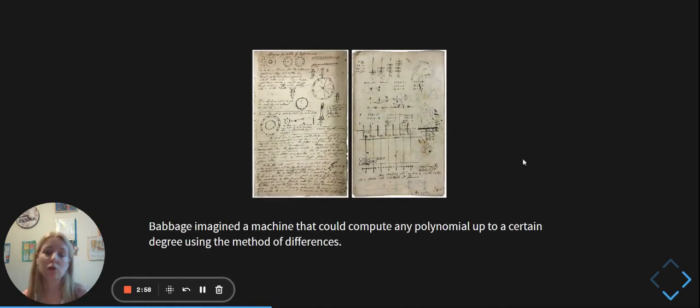Babbage imagined a machine, the difference engine, that could compute any polynomial up to a certain degree using the method of differences and then automatically step through values and print the results, taking humans and their propensity for errors entirely out of the loop.